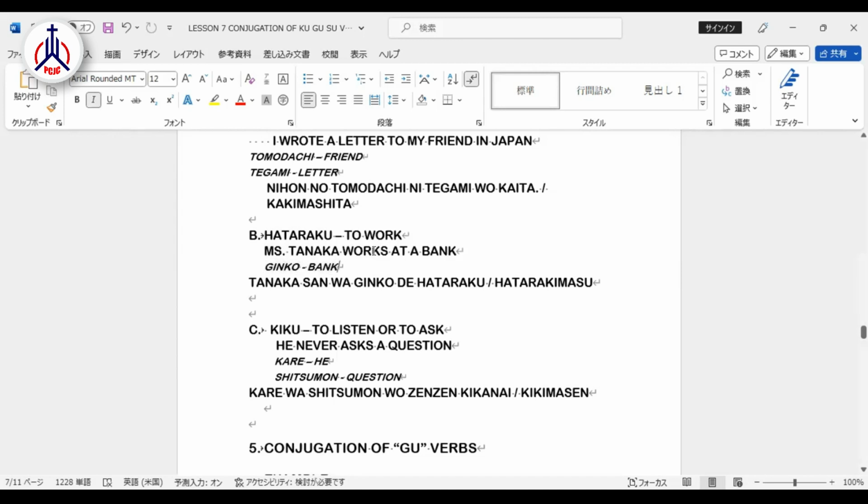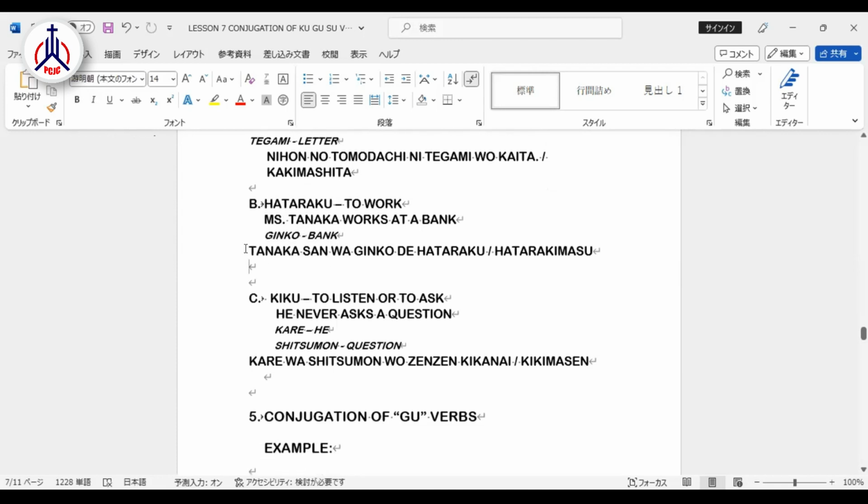And then the work means hataraku. So it goes like this: Tanaka-san wa ginko de hataraku. Tanaka-san wa ginko de hataraku.